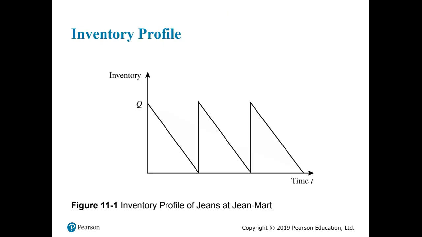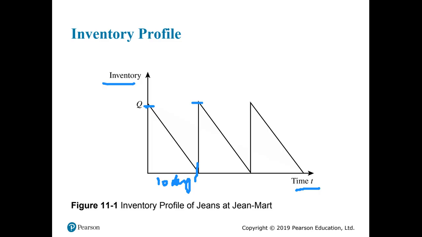Okay, so this diagram is going to explain to us: here we have inventory and here we have time. So we can see that this is the inventory demanded, and then we'll see another demand after, say, 10 days. You can see a spike here.